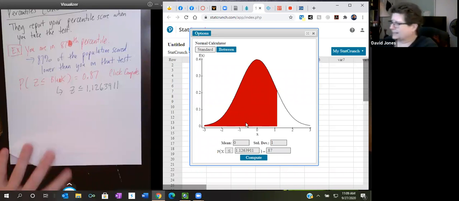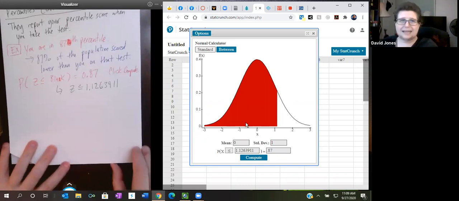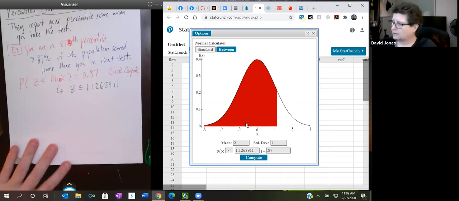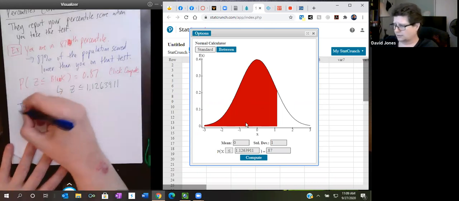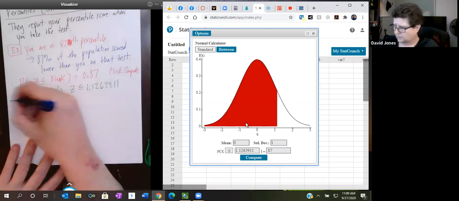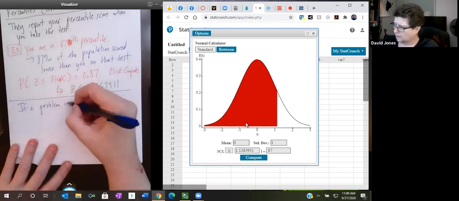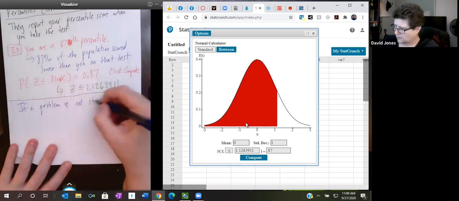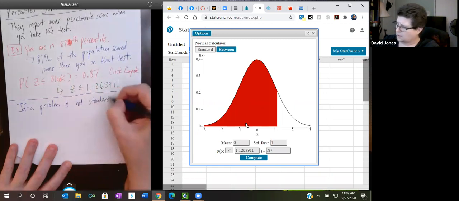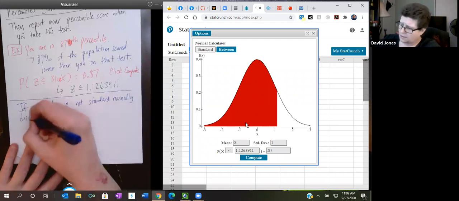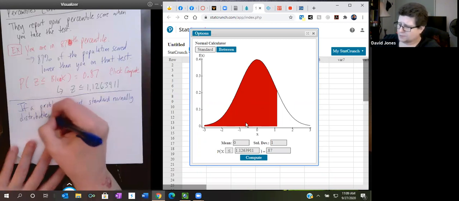And if a problem is not standard normally distributed, we have a couple options.